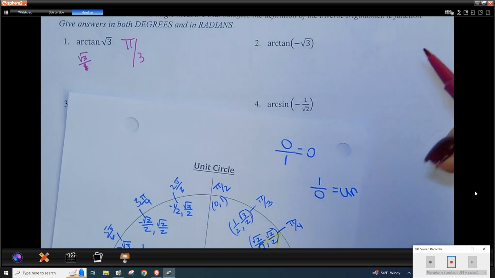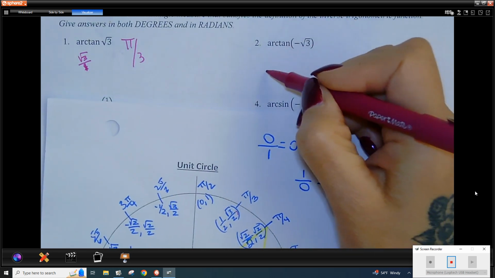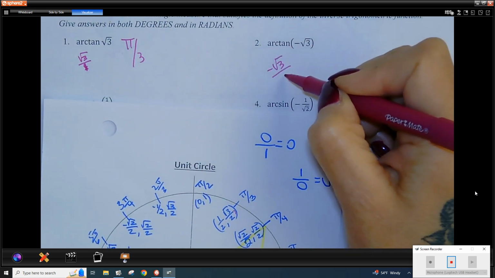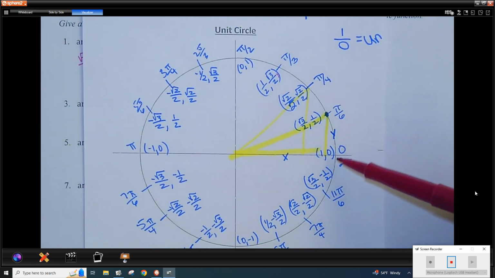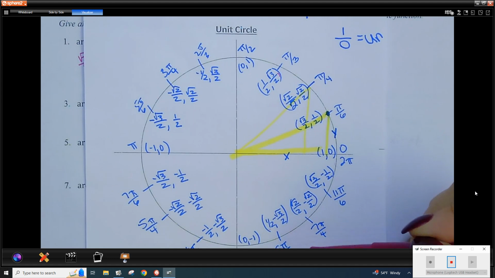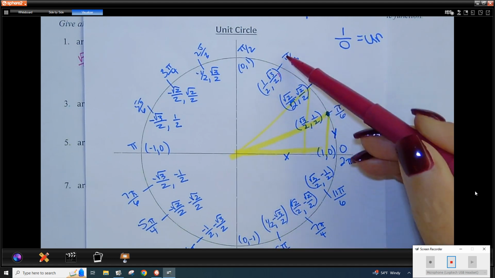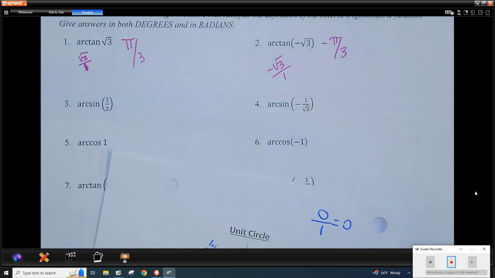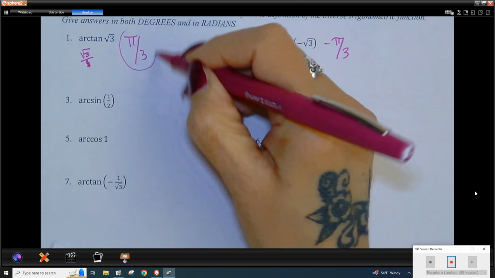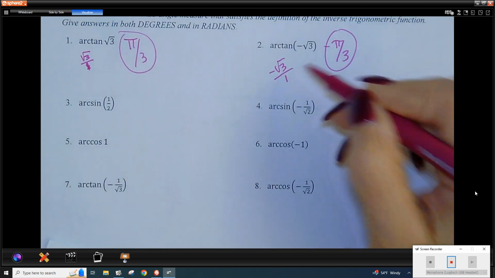Arctan of negative, so a negative square root of 3 over 1, is right here, but it reflects to be negative pi over 3. This is your answer. I'm just showing you how to find the value.